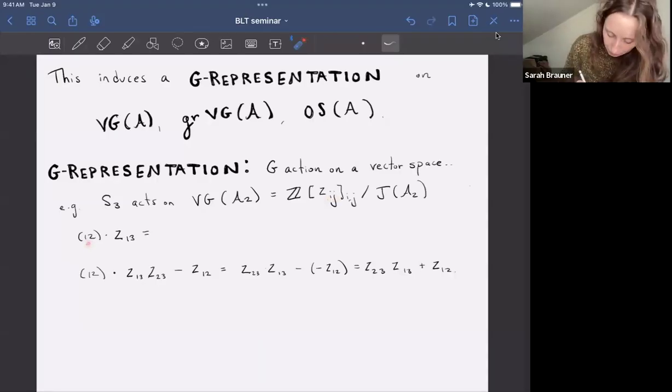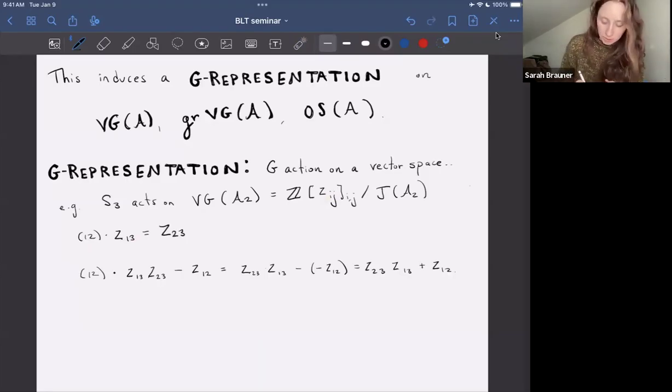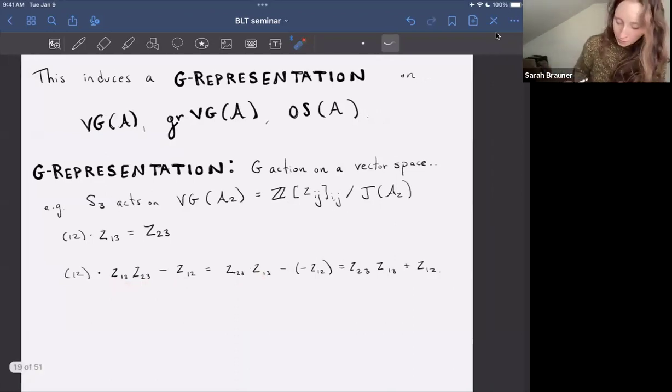So (1 2), if the indices are 1, 3, will send 1 to 2 and 3 to itself. It'll just send Z_{1,3} to Z_{2,3}. I can also act on linear combinations. In this case, it acts on every single monomial.